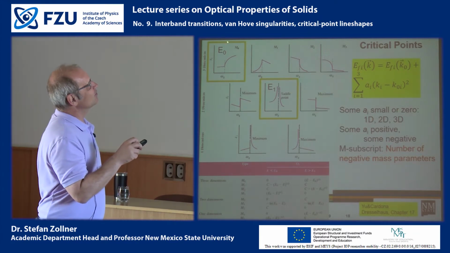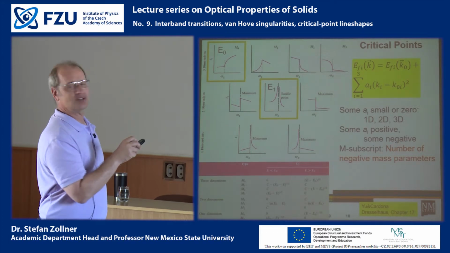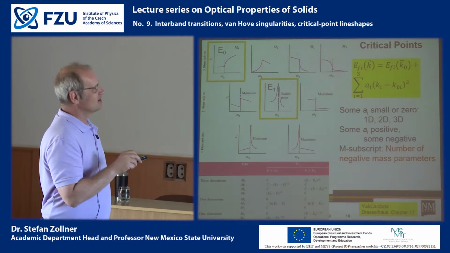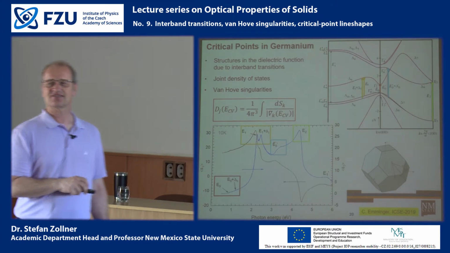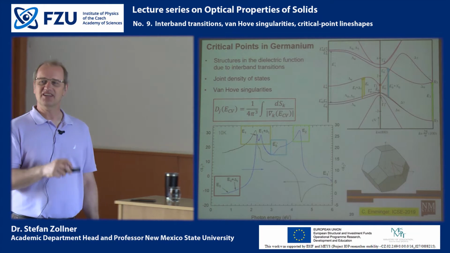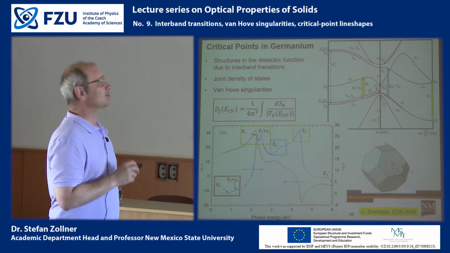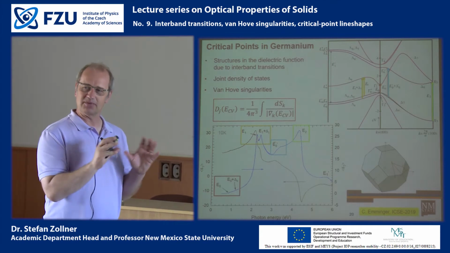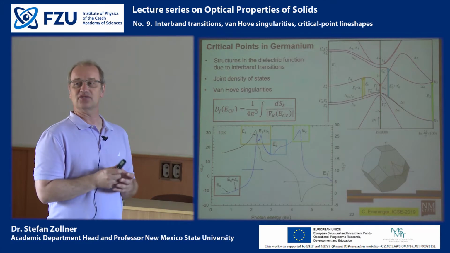For the direct gap E0, this is a three-dimensional critical point, but on this scale I can barely see it. So the three-dimensional critical point is not the strongest one. 3D simply means that it's isotropic, and because it's isotropic, none of the three coefficients is 0.